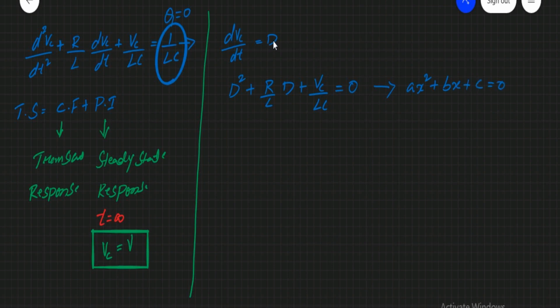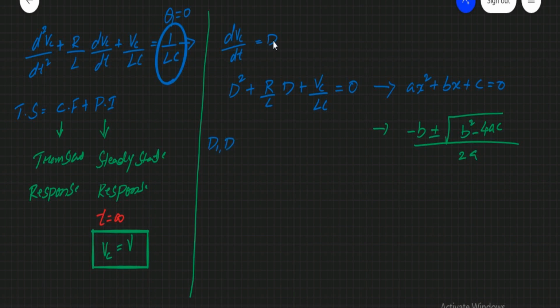So what is the solution for this one? That is minus b plus or minus under root of b square minus 4ac, by 2a. So by using this equation, here you are going to get D1 and D2, which are the factors.